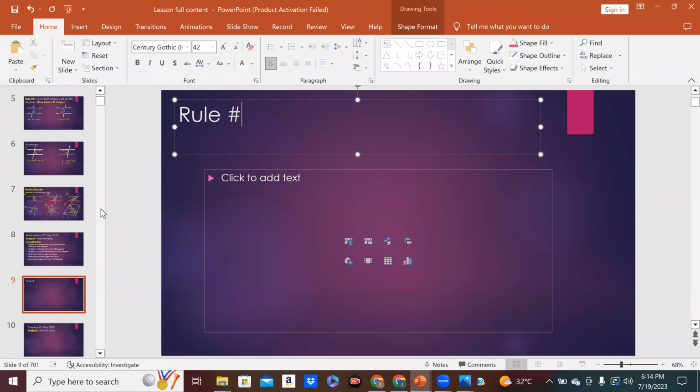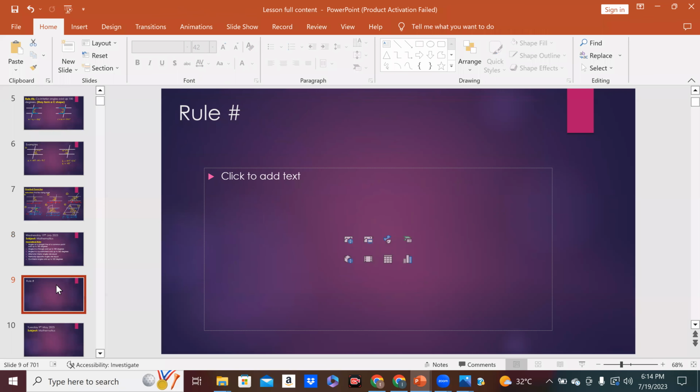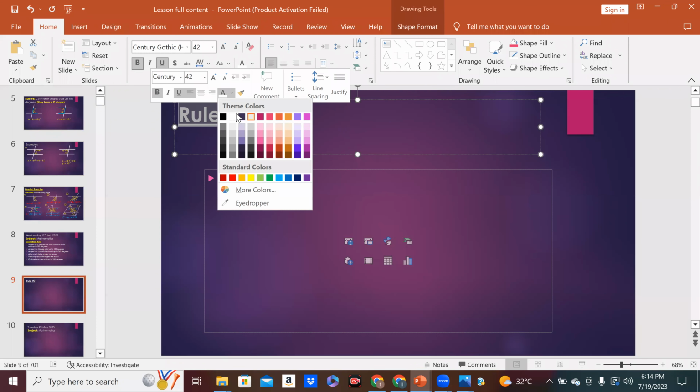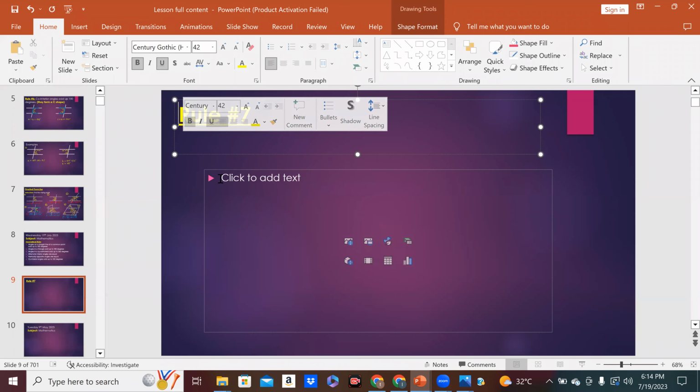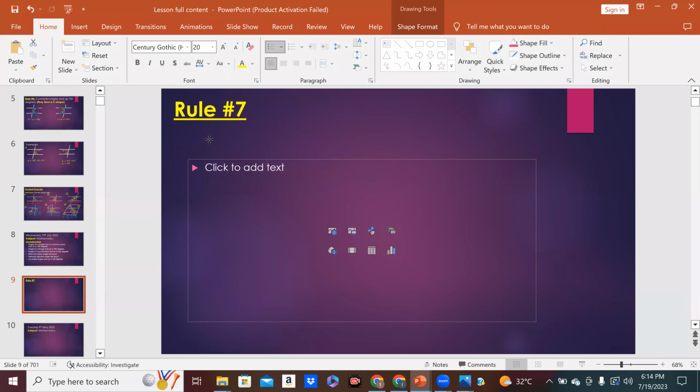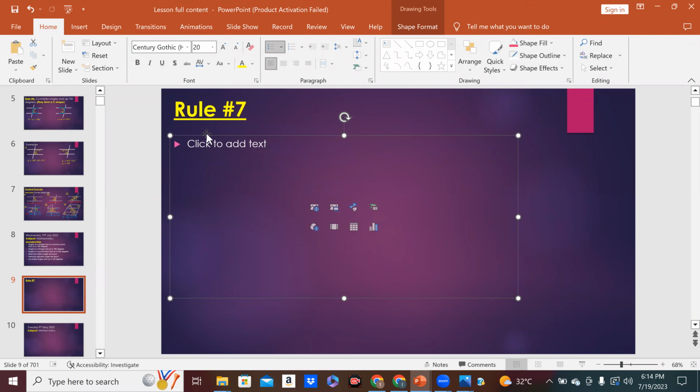Rule number 7. We dealt with alternate interior angles. We dealt with vertically opposite angles. We dealt with co-interior angles. We need to look at corresponding angles. And so rule number 7 says that corresponding angles are equal.